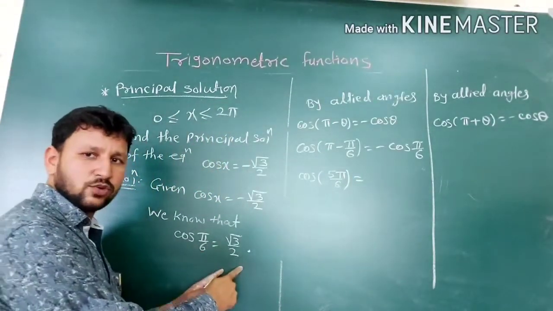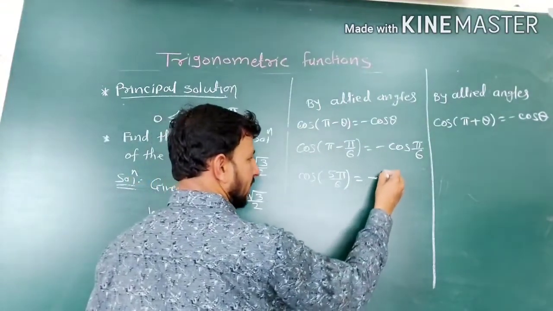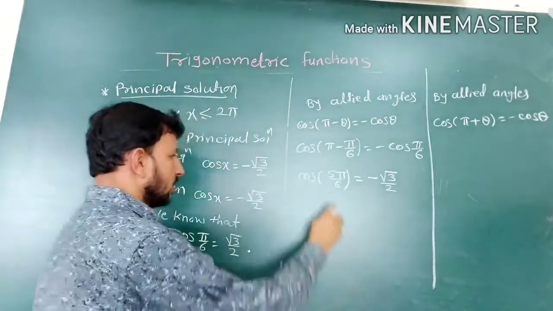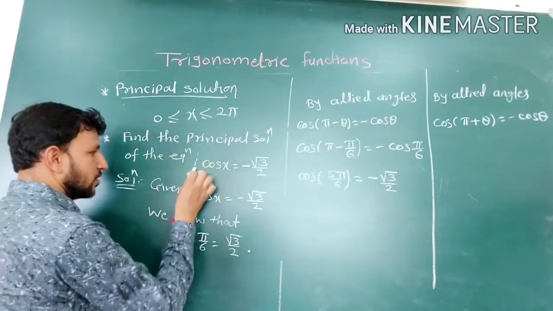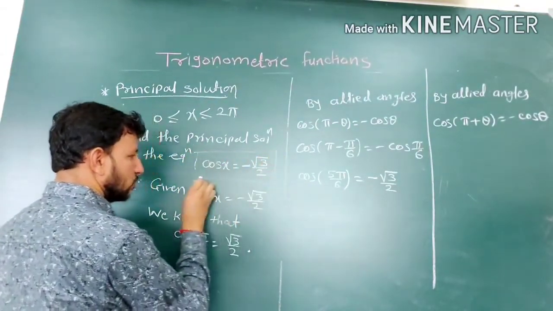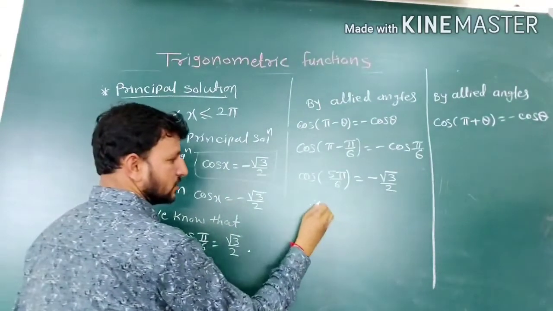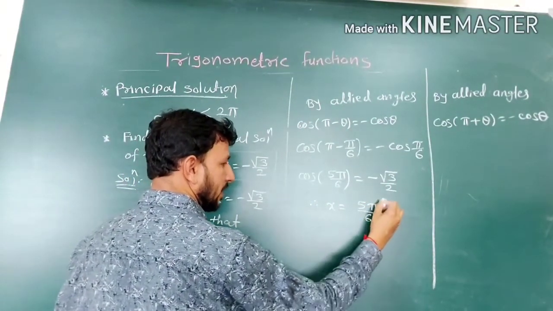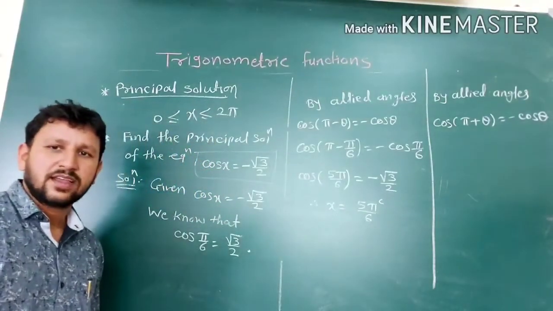Cos pi by 6 is root 3 by 2, we can put here, that is minus root 3 divided by 2. Check here, this is the given equation, cos x is equal to minus root 3 by 2. Hence one solution is obtained: x is equal to the angle 5 pi divided by 6 radian.